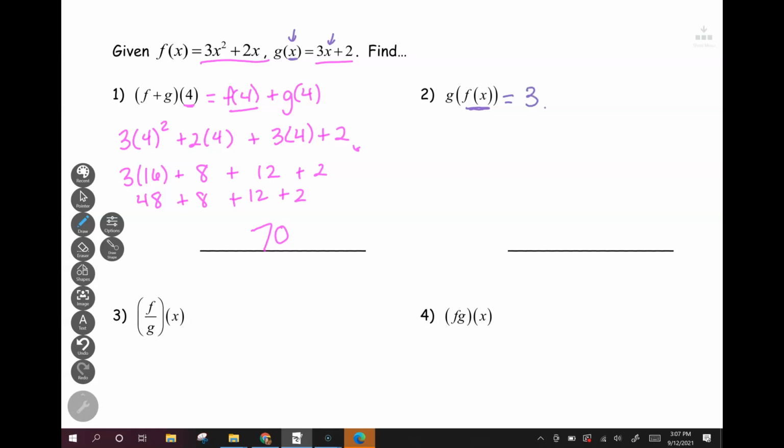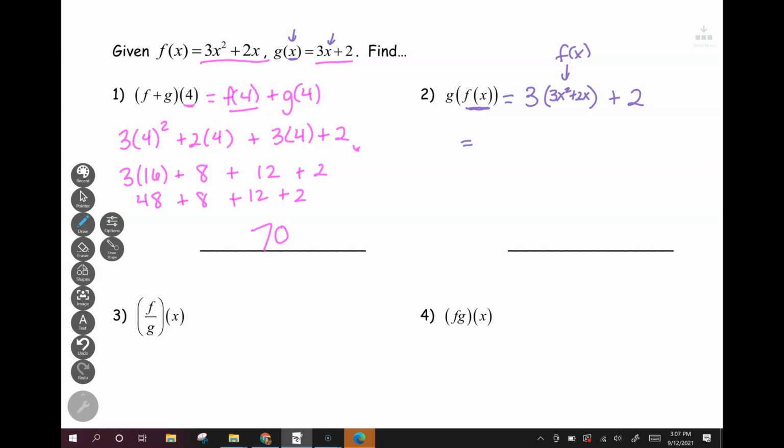For the function g, I have 3x plus 2, but instead of x, that's where I need to plug in f of x. Well, f of x is 3x squared plus 2x. So I've substituted 3x squared plus 2x there.